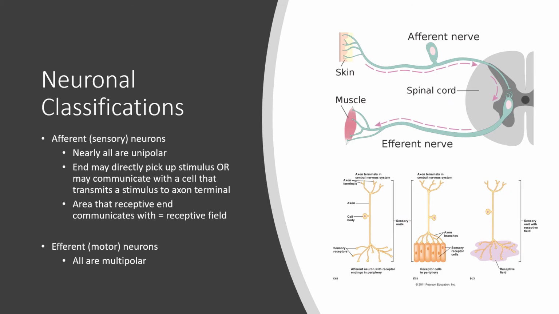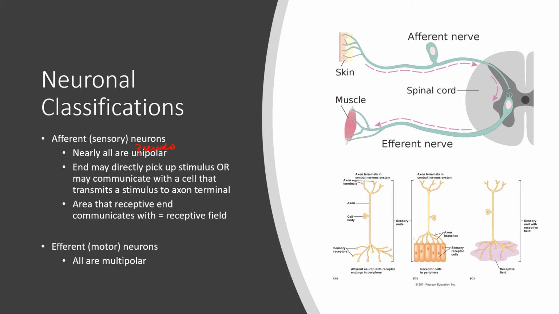So just to reiterate, we have two major types of neuron classifications. We have afferent, sensory, and efferent, motor neurons. Remember, those are the anatomical divisions of the nervous system, I should say. Basically, all sensory neurons are pseudo-unipolar.